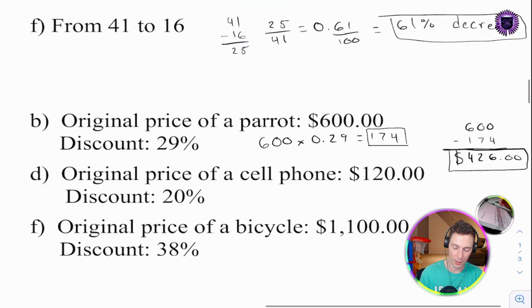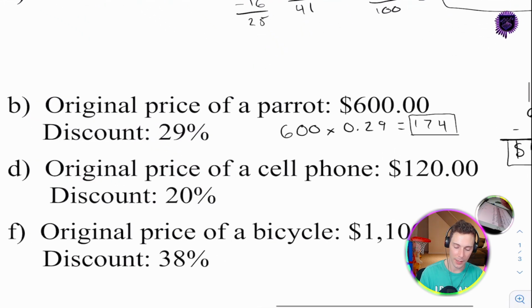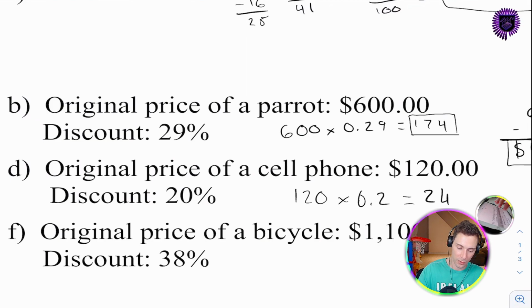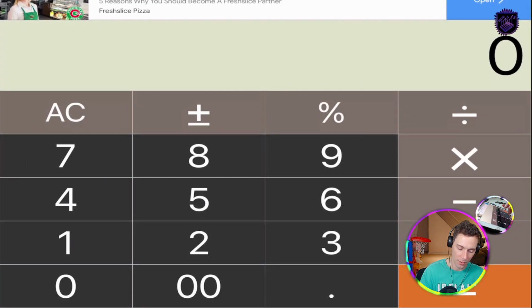Okay. 20% of 120. 120 times 0.2. It's going to be equal to, what is that, 24? 24, let's check it. 120 multiplied by 0.2 is equal to 24.